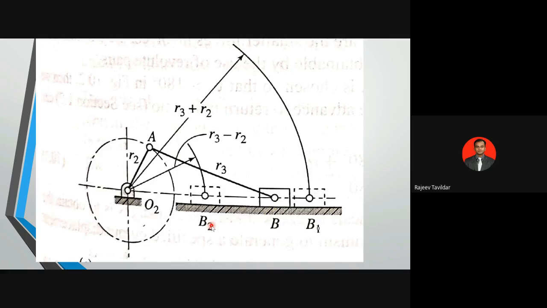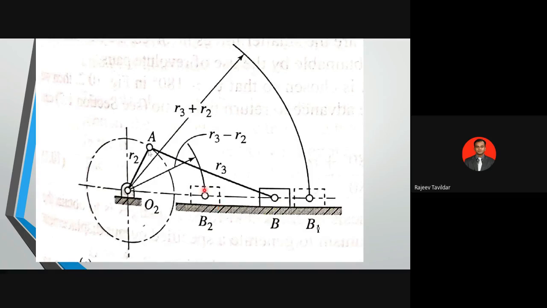Okay, so now if I know the stroke length, let us assume the stroke length is given as 100 mm, then obviously I'll come to know R2, because stroke length is 2 times R2. So R2 I'm going to get as 50 mm. So now I know R2 as 50 mm.